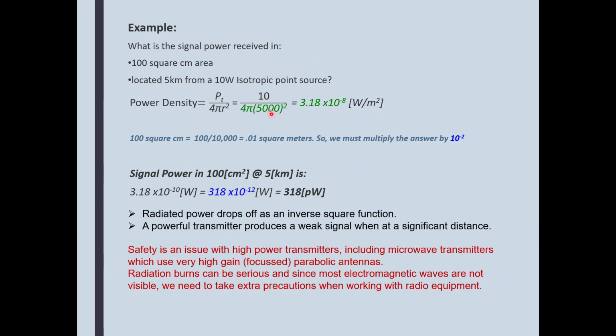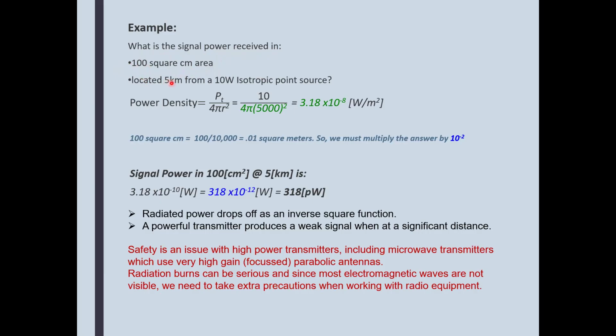Example, and I used some colors here. What's the signal power received in 100 square centimeters area? Remember, we're talking about radiation here, right? And so things are happening in space. So we know how big the area is that contains the power.